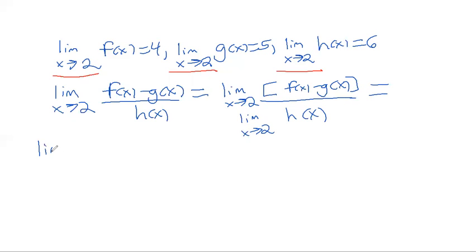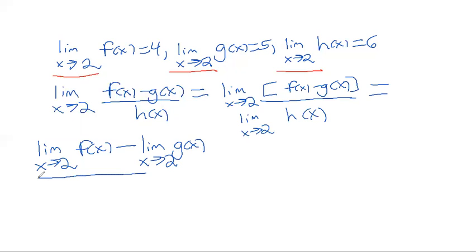So that means it's just the limit as x approaches 2 for f of x minus the limit as x approaches 2 for g of x, all over, again, the limit as x approaches 2 for h of x.